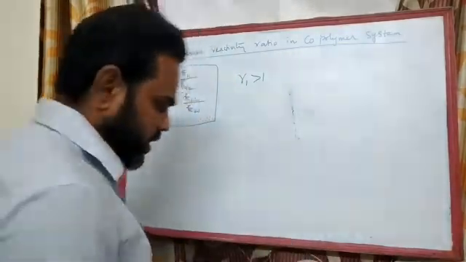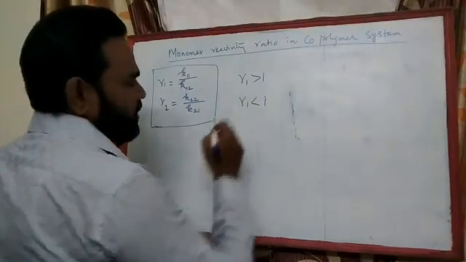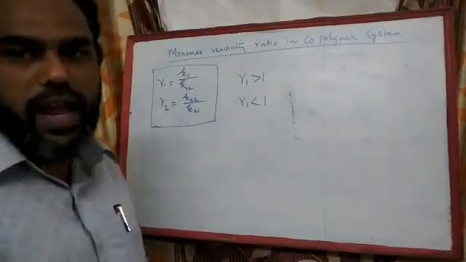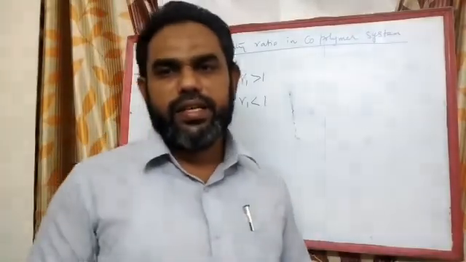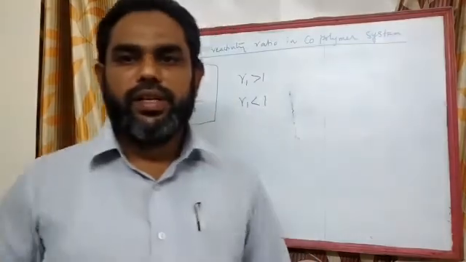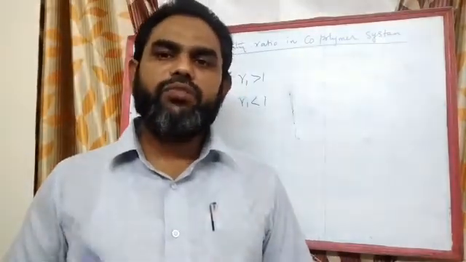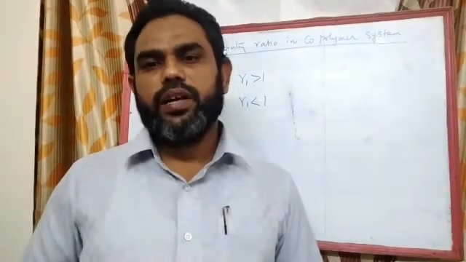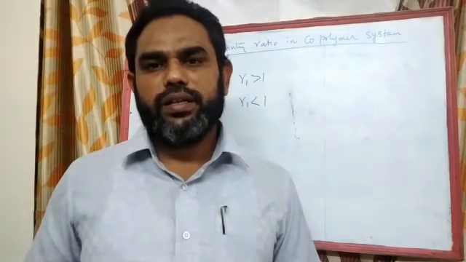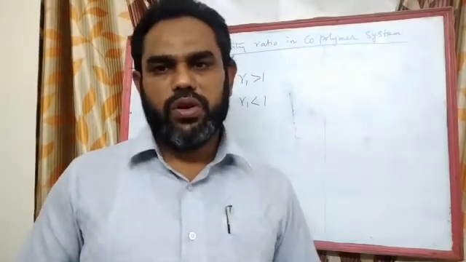If R1 is less than 1, then the reactivity of the first monomer M1 is less than the second monomer. That is, in the copolymer system, the second monomer dominates. In the copolymer composition, the second monomer is found more than the first monomer.